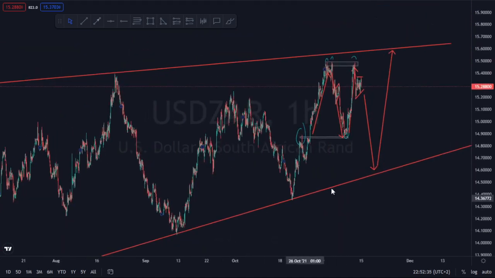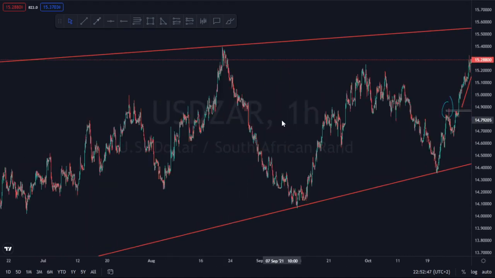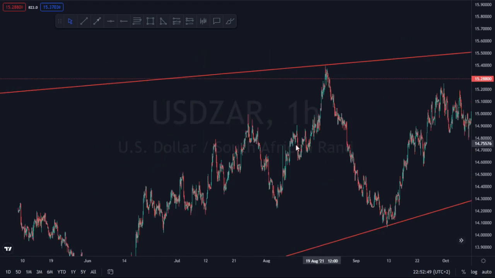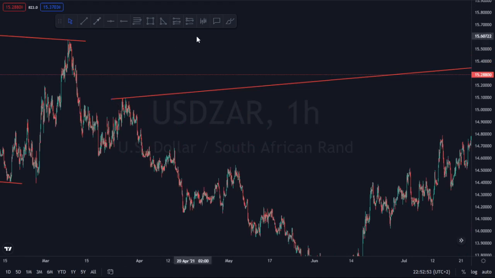So it's gonna give us more confidence that this support trend line is holding strong, and price is respecting this pattern. And also at the highs, this will be our first touch.